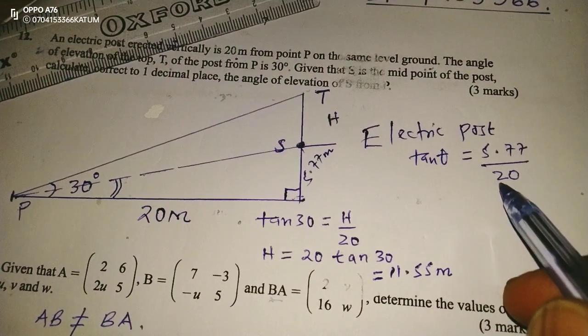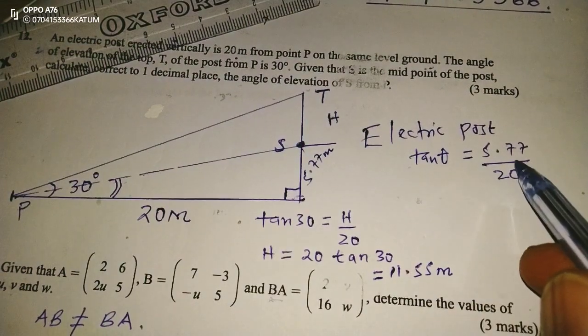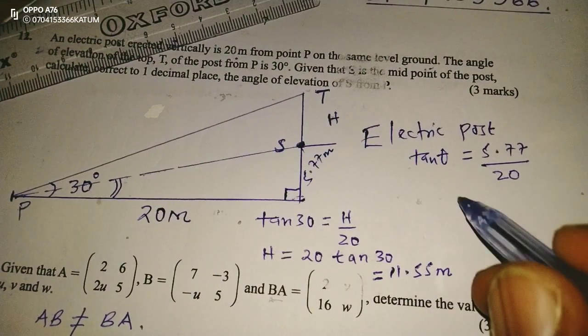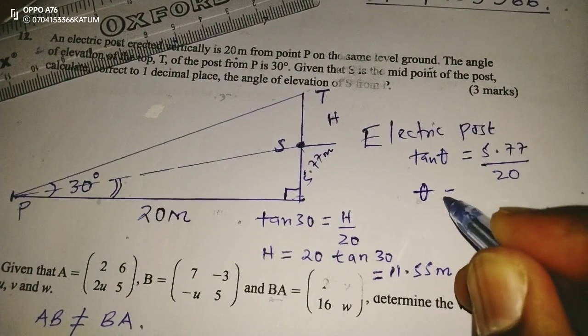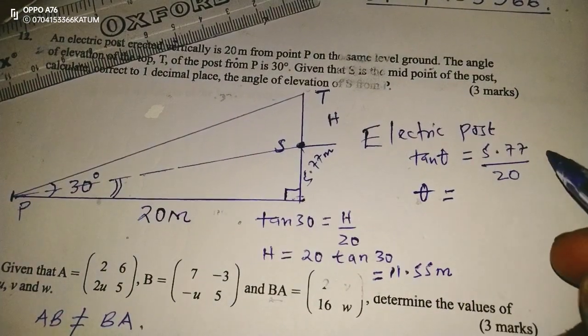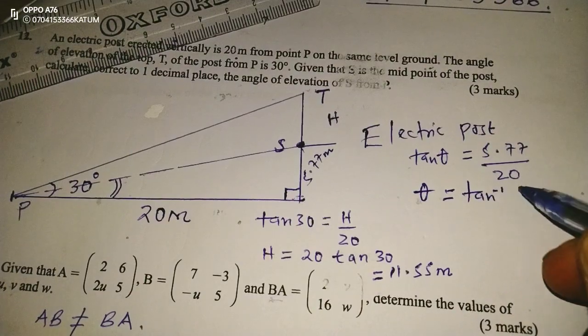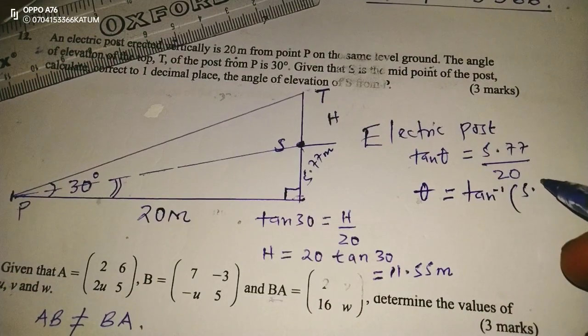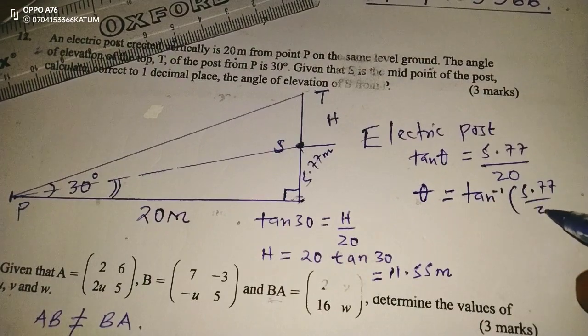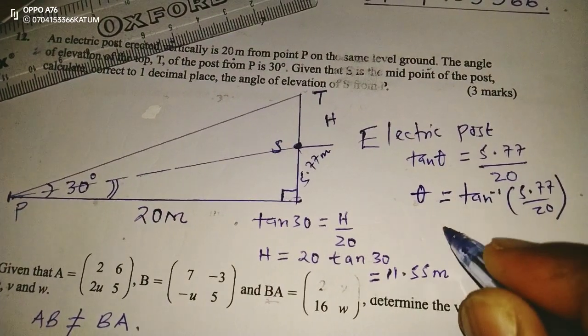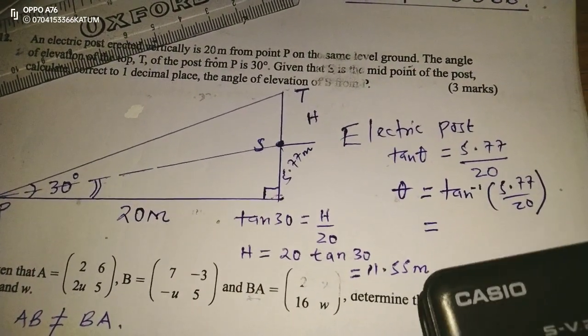To get theta, we need the tan inverse of 5.77 over 20.